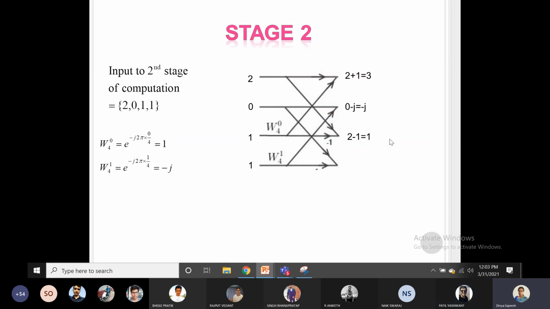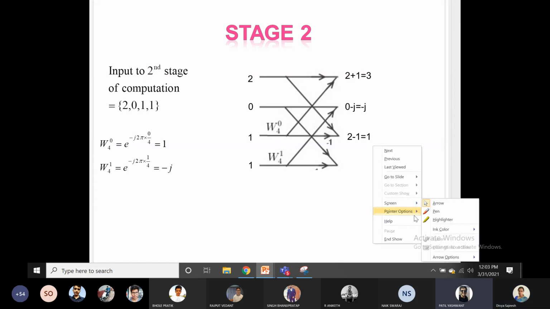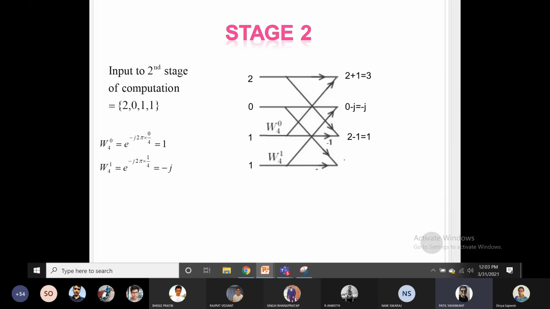Can you tell the last now? The first input is 0. Now the second input is 1 into minus j. Then one more minus is there here. So 0 plus j it will become.